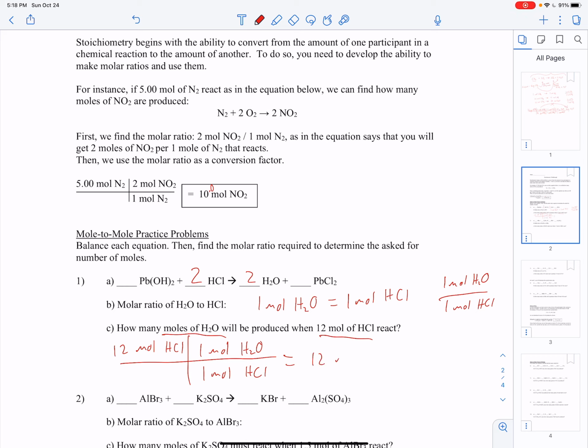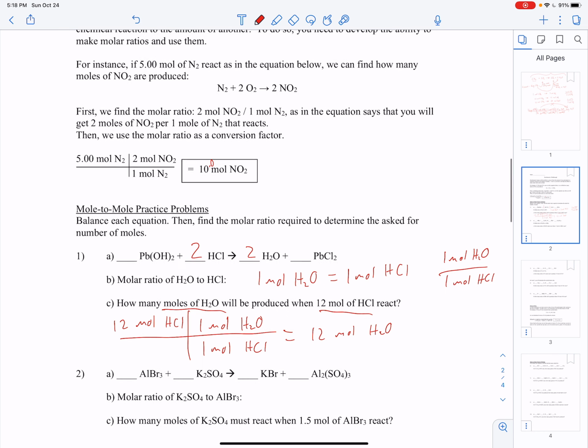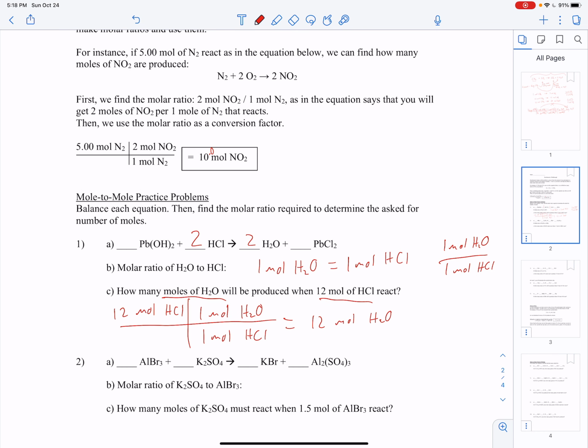And you get 12 moles of H2O. Not very hard math, but the first one was just to get you used to the way to set this up, right? And if you're setting it up properly, you should notice that moles of HCl will cancel with moles of HCl, and you're left with the moles of H2O that you want.